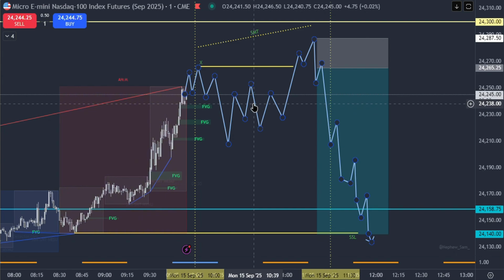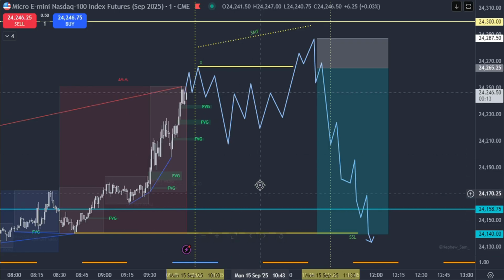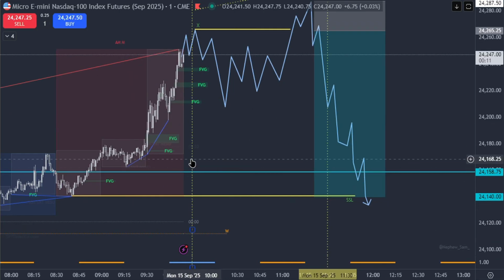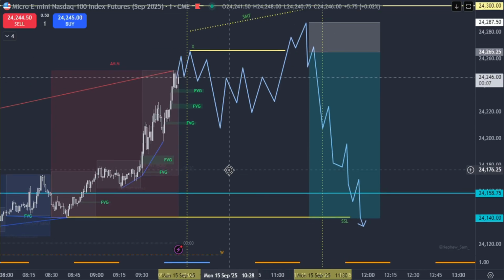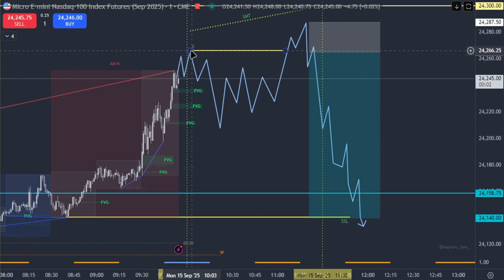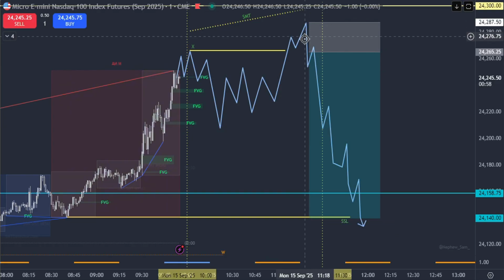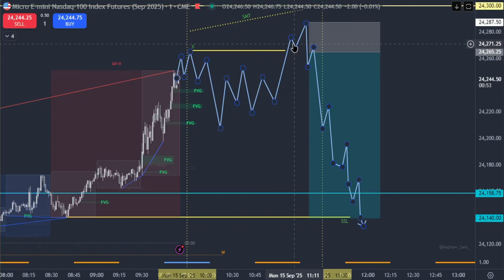Keep this in your notes. So this is the 9 o'clock candle here. I highlighted the 10 o'clock right here. This is 10 o'clock, right? The 10 o'clock candle is sweeping the 9 o'clock candle. It uses it as liquidity. And then on the 10 o'clock candle, you'll see a form of SMT, a market structure shift on the 1 minute.